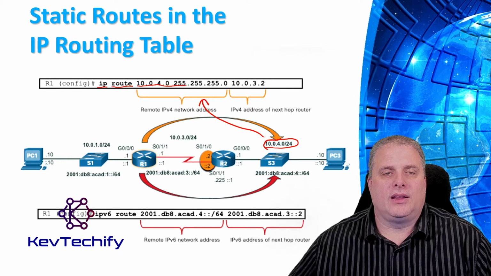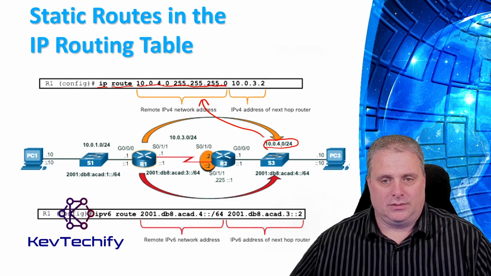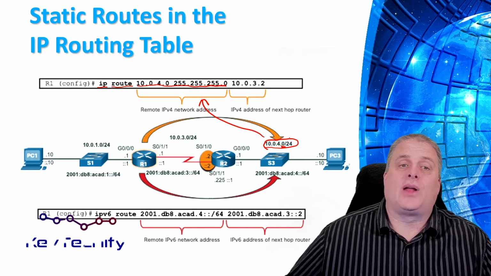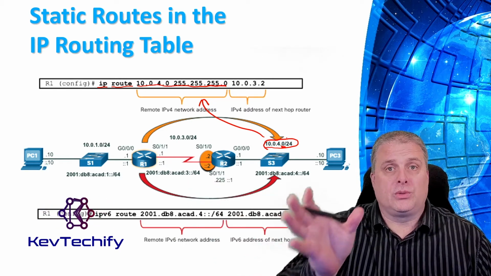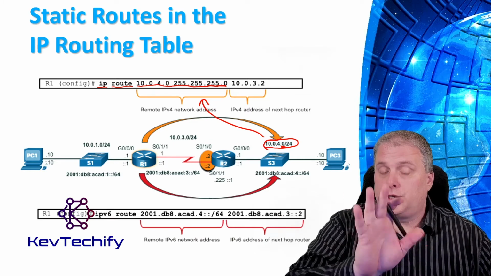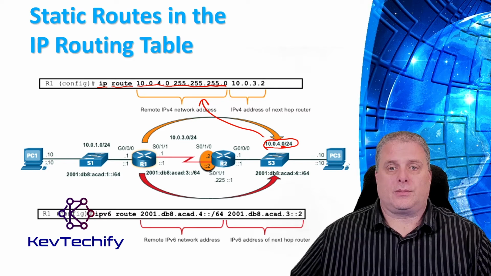The IP address of the network, once again, remember the network address ends in zeros. It's the network portion and then it ends in zeros. If you put an actual IP address in there, where you have a host portion with some information in there, it might throw you an error. Make sure you're using the network address ending in zeros.